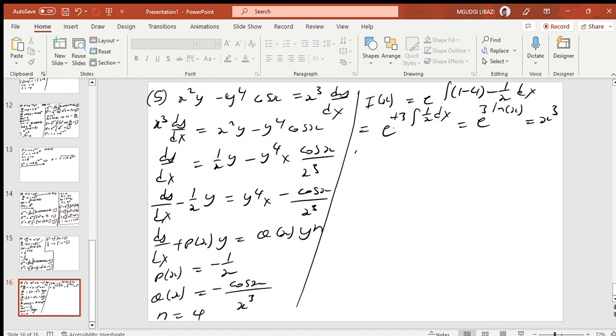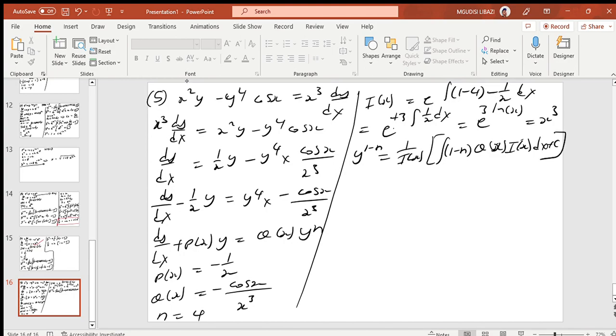So you can say now y raised to 1 minus n is equal to 1 over the integrating factor into the integral of 1 minus n multiplied by q of x multiplied by I of x multiplied by dx plus c. So y raised to 1 minus n, and what is our n?